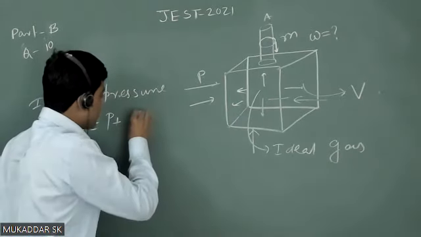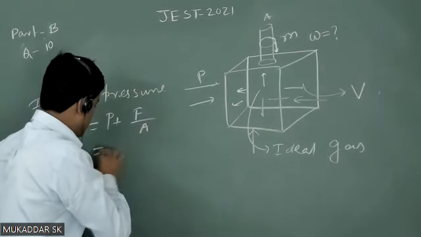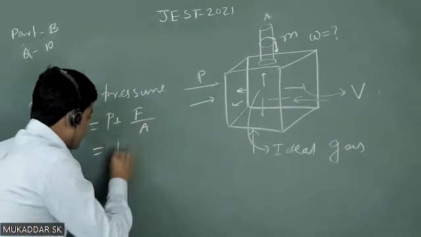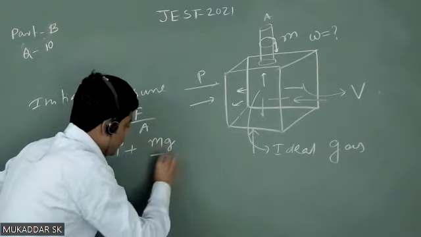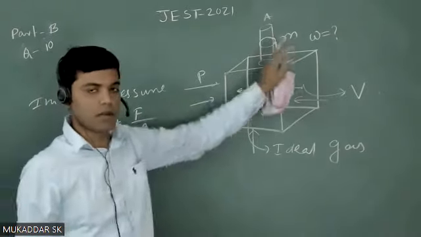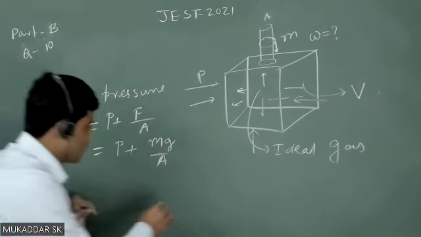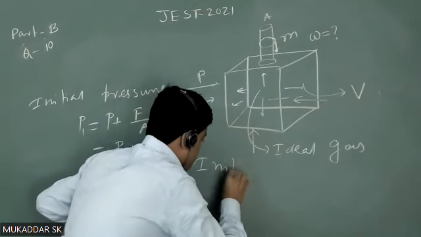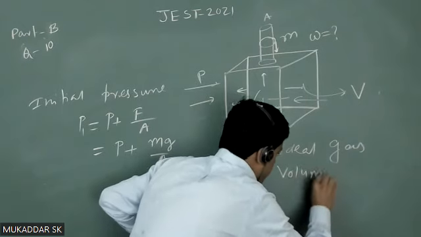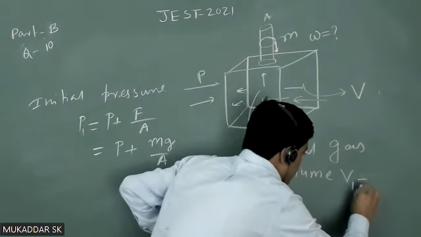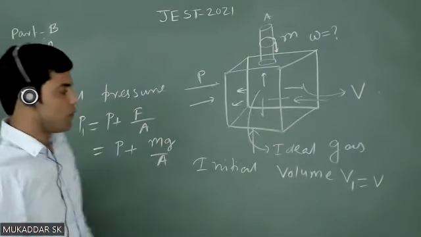Pressure is nothing but force per unit area, and that force will be the gravity force here, so I can write the weight mg by A, where m is the mass of this metallic ball. And of course the initial volume, V1, will be V.